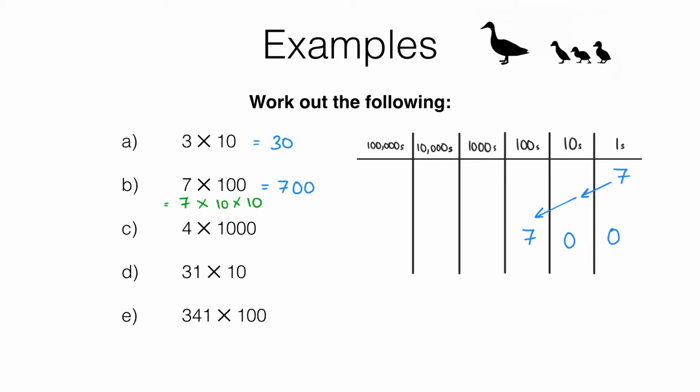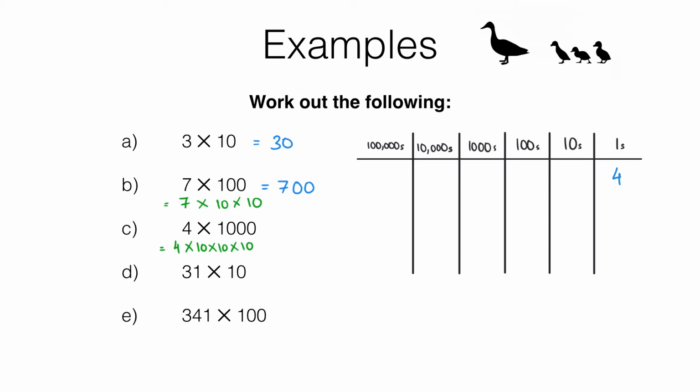Let's move on to question C. This time we want to multiply 4 by 1000. So 4 times 1000. And again, we need to notice that multiplying by 1000 is the same as multiplying by 10, multiplying by 10, and multiplying by 10 again. So 4 is just 4 units.